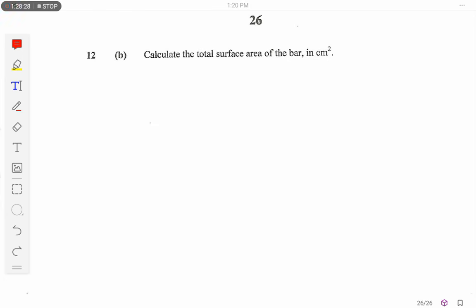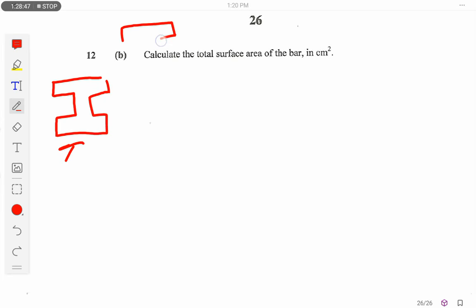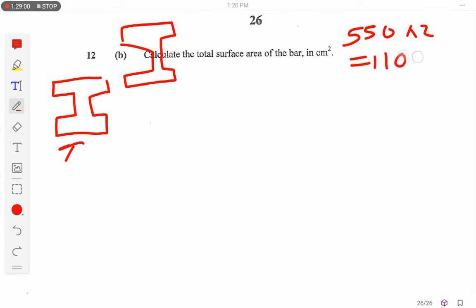This is now asking about total surface area. This is going to be tricky, but we'll do it. The area that we have calculated was for the face of this part here. We have two faces, this side and another side, because it's a bar. So we multiply the 550 we calculated by 2, and we get 1,100 centimeters squared.